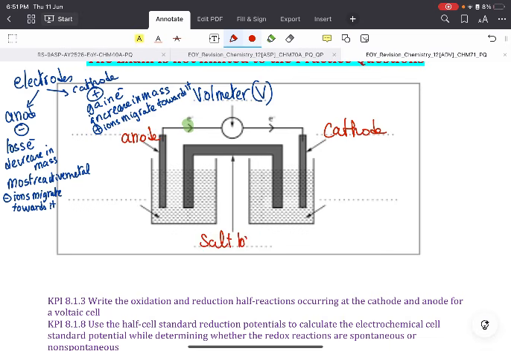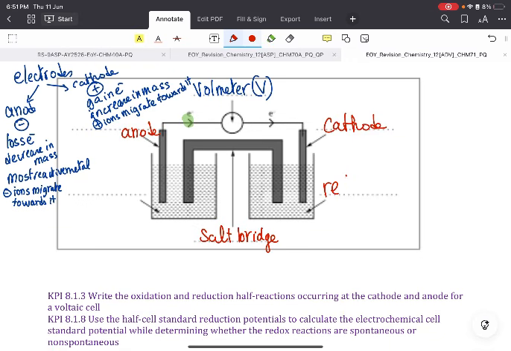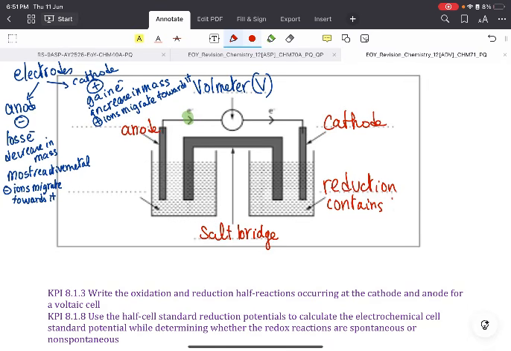This is the salt bridge, and the cathode is the one that undergoes reduction and contains in here the oxidizing agent.